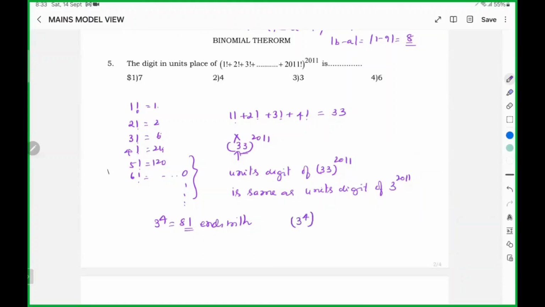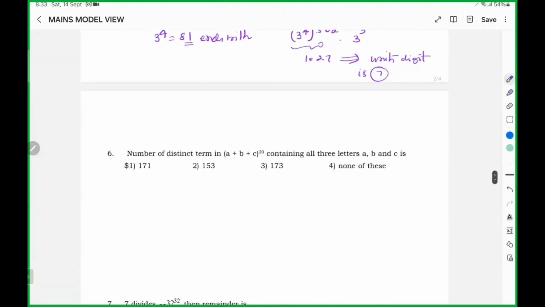So I'll write 2011 as a multiple of 4: 502 into 4, that is 2008, plus 3. 2008 into 3 cube will give you 2011. This anyhow ends with 1 into 27, which implies the units digit in that expansion is nothing but 7. Here, number of terms.